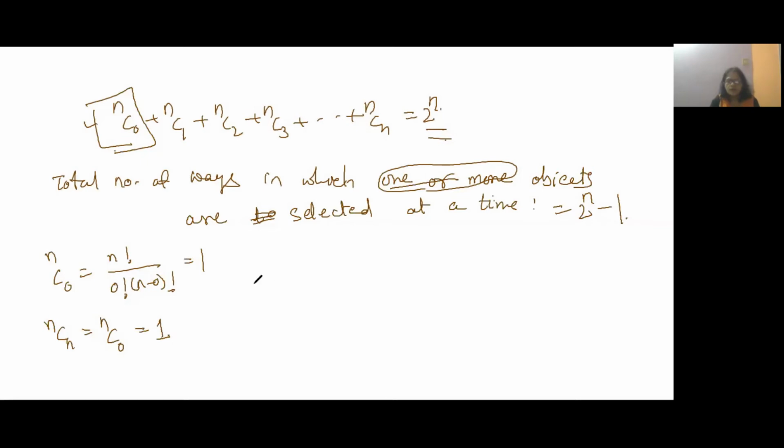If I write NC1, it will be n factorial over 1 factorial times n minus 1 factorial, so it means n factorial by n minus 1 factorial, that is n. So NC1 equals n. Three things: NC0 equals 1, NCn equals NC0, that is 1, then NC1 equals n. Is it clear?